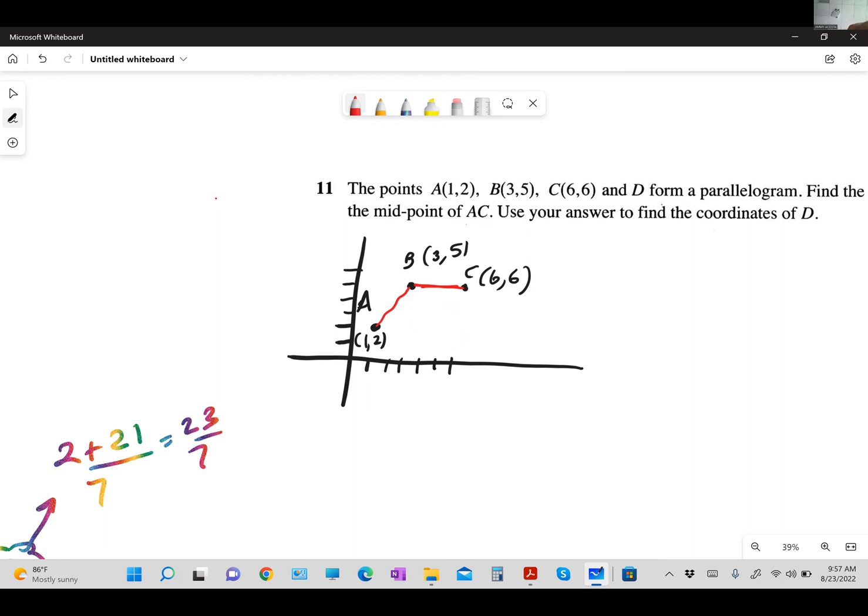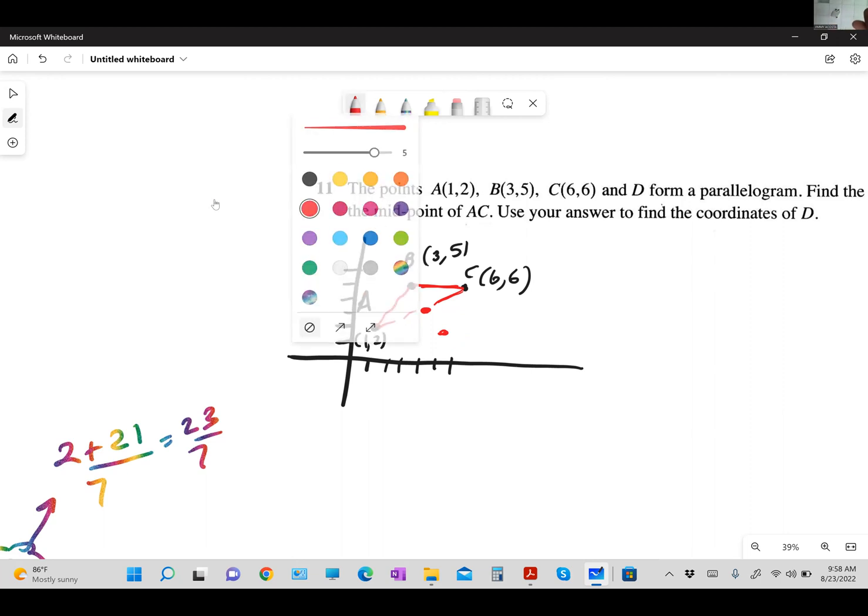They want you to find the midpoint between these two so that you can find D, who's somewhere over here. Right? Now let's just think about it. How on earth would you use that midpoint? So let's just find it first, and then let's work on it.